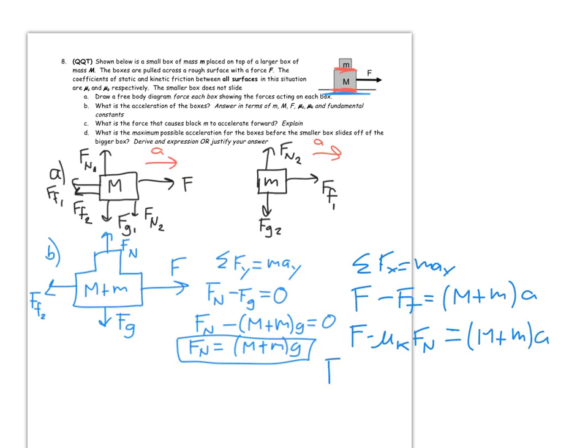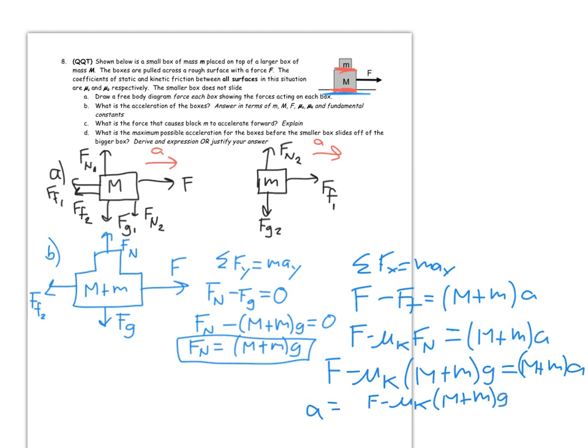And then I'm going to sub in this normal force that I found over here in for the normal force in my x equation. So it's going to be big M plus little m times g, and that's equal to the total mass of our system times the acceleration. And I'm going to divide by that, and I find that the acceleration is going to be F minus mu k times big M plus little m times g, all over the total mass of my system, and there is my acceleration.